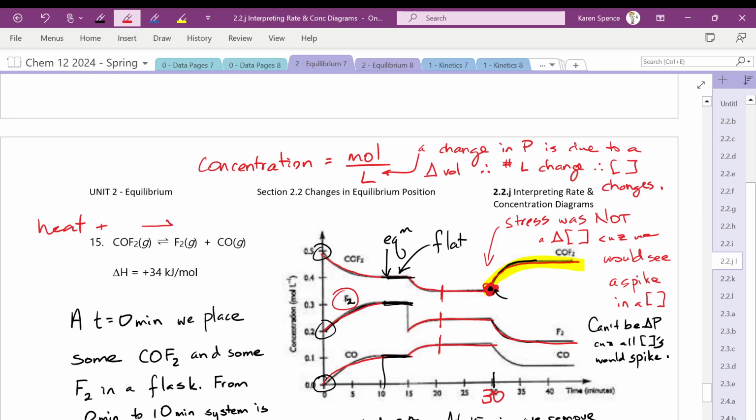So the reverse is faster than the forward. So what am I making? COF2. And look what happens. COF2 goes up because I'm making it. And the F2 goes down and the CO goes down because I'm using them up.